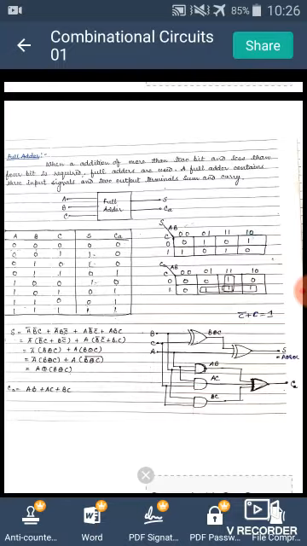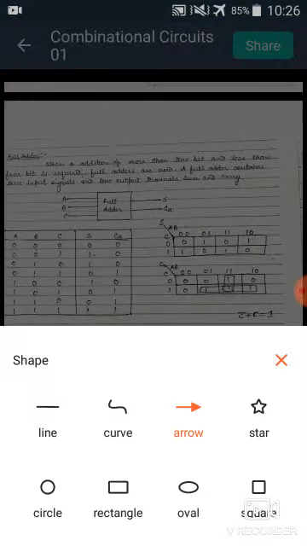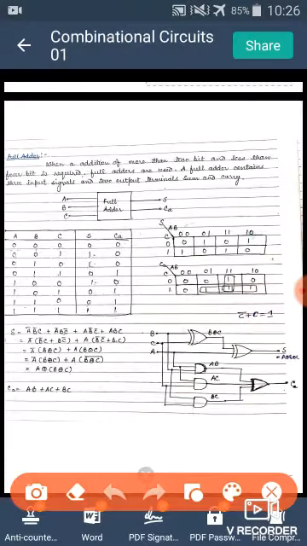there is addition of 3 bits, and in output term there were 2 outputs, sum and carry. Also for the full adder, we have the expression for sum like a modulo b modulo c, and for the expression of carry we are having a dot b plus a dot c plus b dot c.